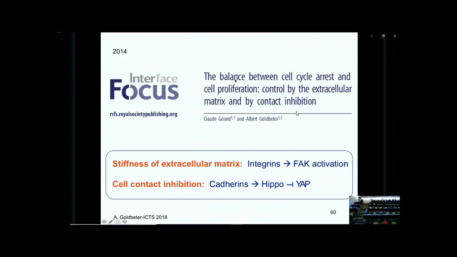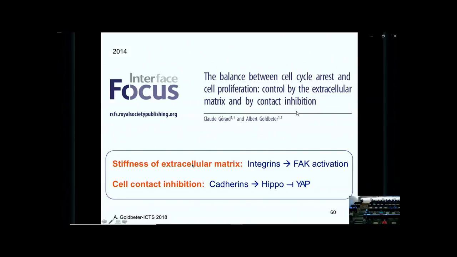Now, so far, I discussed the role of control parameters located within the CDK network, like CDC25, CDH1. I mentioned the role of GF, the growth factor, which is extracellular. But there are other extracellular factors which control the dynamics of the cell cycle. One of them is the extracellular matrix, because it's known that to proliferate, cells must bind to an extracellular matrix, and this occurs via integrins, which transduce their signaling to a kinase called focal adhesion kinase, and it results in focal adhesion kinase activation, which controls the cell cycle.